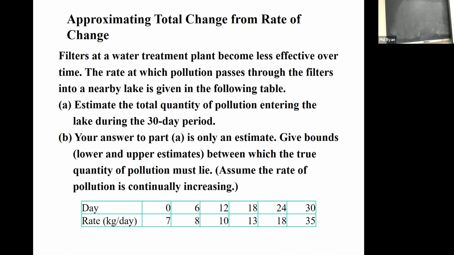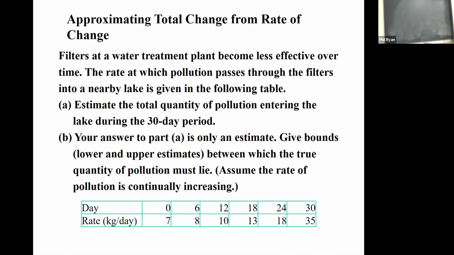So we can do left points, and that will give us an underestimate of pollution. The right points will give us an overestimate of pollution. The true answer will lie somewhere in the middle, so we'll just take the midpoint to be the answer. And so we're just adding up rectangles.